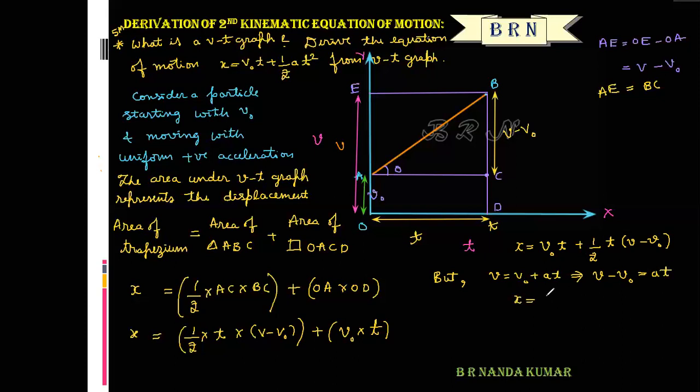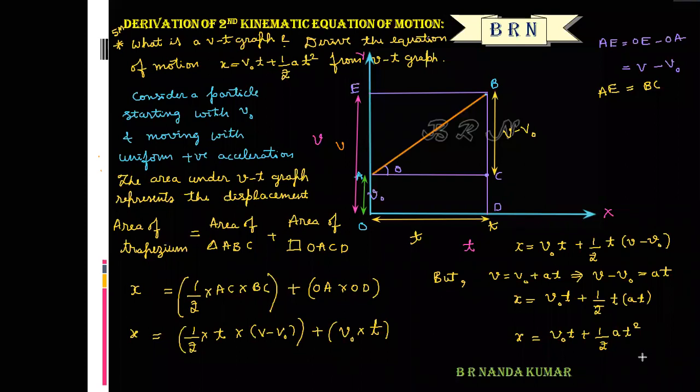So x is equal to V naught T plus half of T into AT. This is according to the first kinematic equation. So finally we will get x is equal to V naught T plus half of A T square.